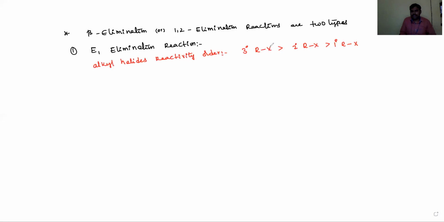Among the halogens, alkyl iodides are more reactive than alkyl bromides, then alkyl chlorides, and then alkyl fluorides. Actually, alkyl fluorides are very less reactive towards E1 and E2 elimination reactions. Okay, dear students, now let's see the E1 elimination reaction mechanism.